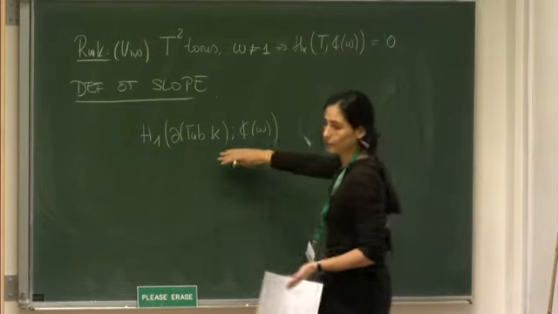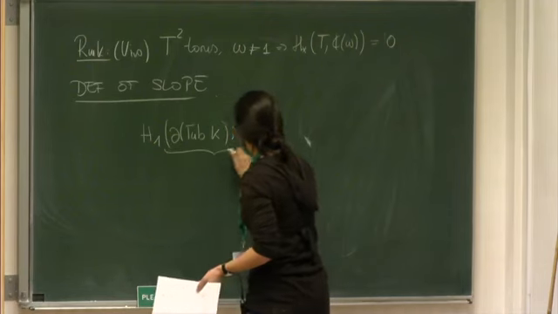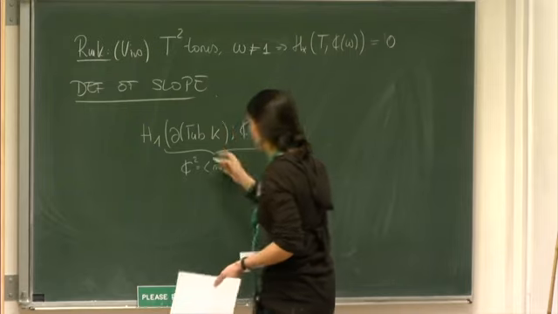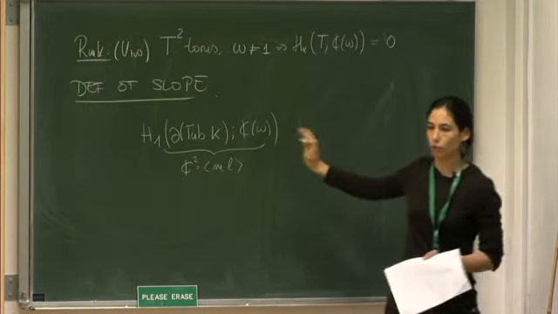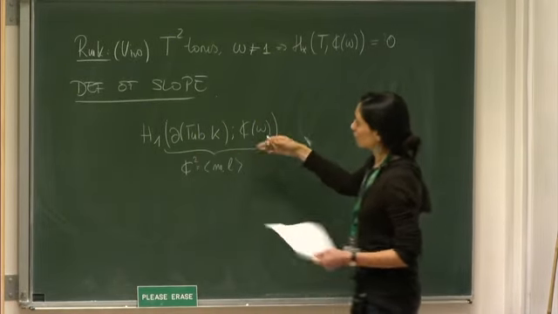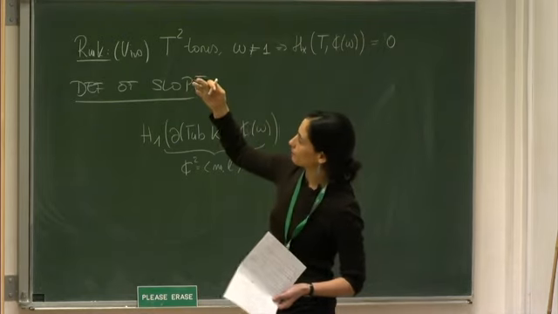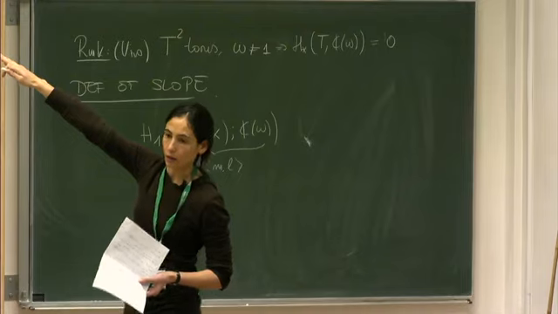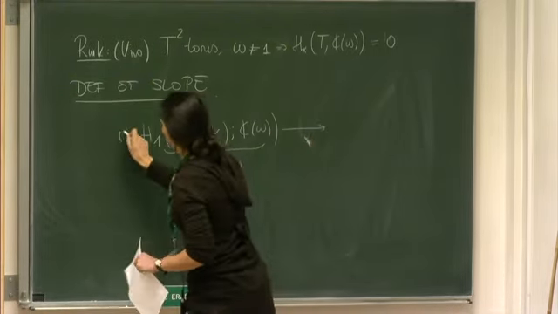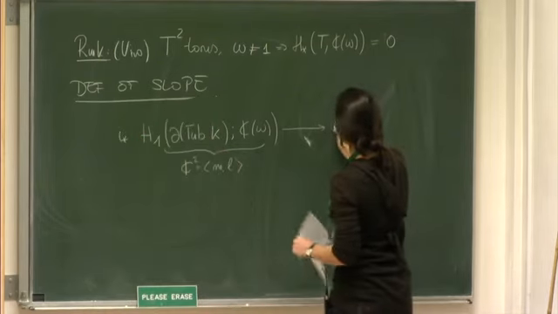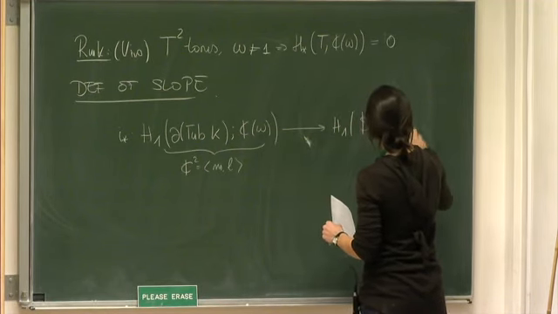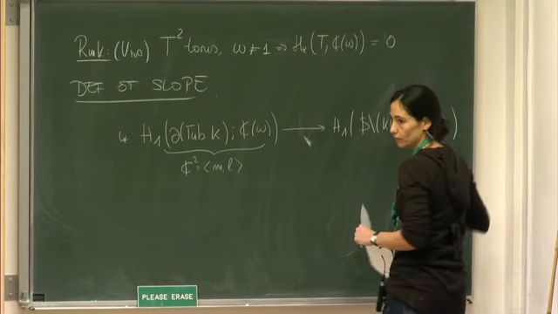And in fact, since you are twisting with the identity, you are just doing nothing. So this group is really C^2 generated by your preferred meridian and longitude of the tube of K. It's just a two-dimensional vector space. Now, I'm going to try to get information on this looking at S minus L. So I am going to see what happens when I get the inclusion of this into the H1 of S minus K union L, again twisted by my character.